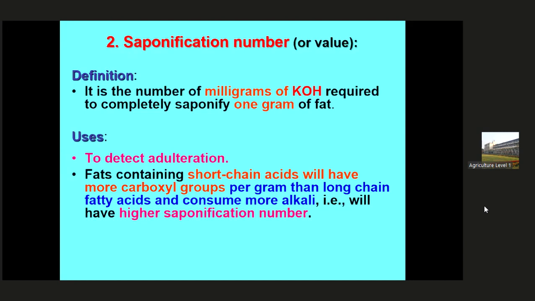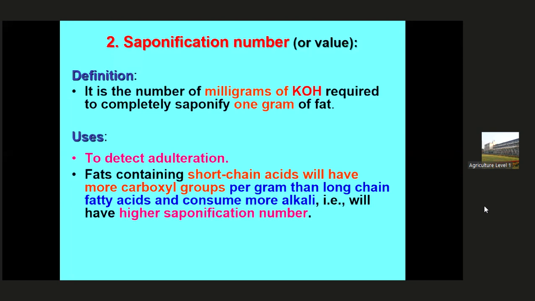So suppose 1 gram fat contains 20 short chain fatty acids. So 20 fatty acids contain 20 carboxyl groups. So 20 carboxyl groups will react with some milligram of the potassium hydroxide to completely saponify it.